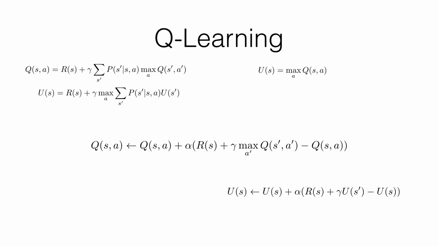But with a Q function, all we care about is maximizing the Q function. So we just have to look at the Q function for the current state and choose the action A that maximizes that Q function. So for that reason, Q-learning is known as model-free reinforcement learning, right? There's no model of the world, or rather, it's sort of hidden away in the Q function.